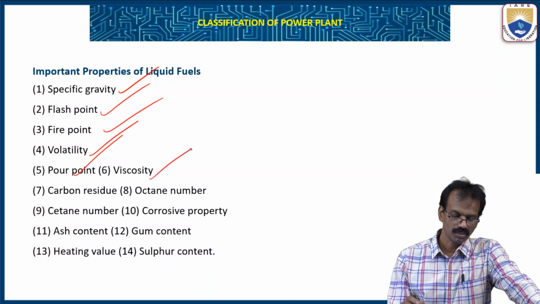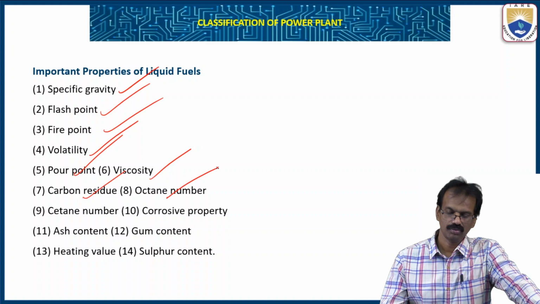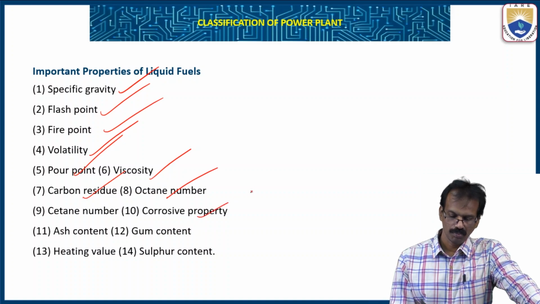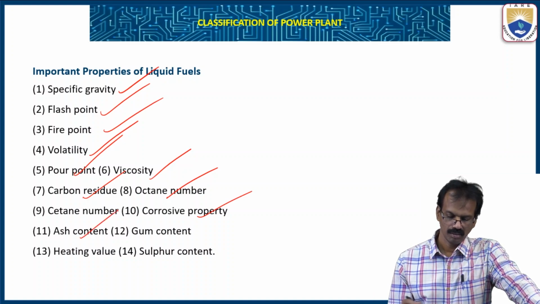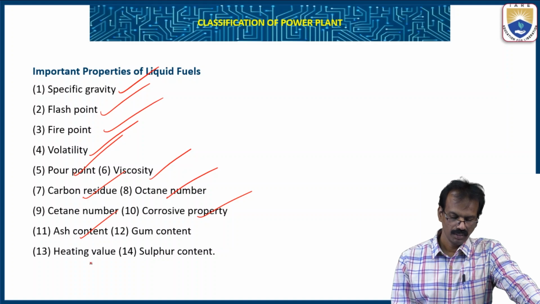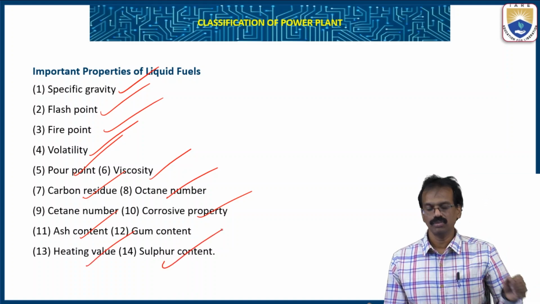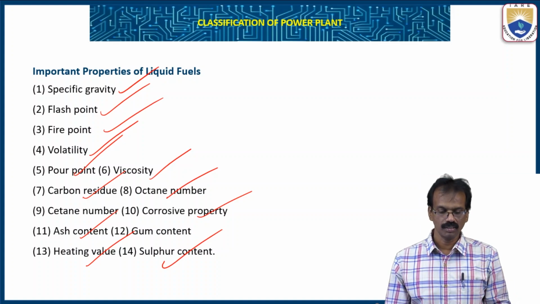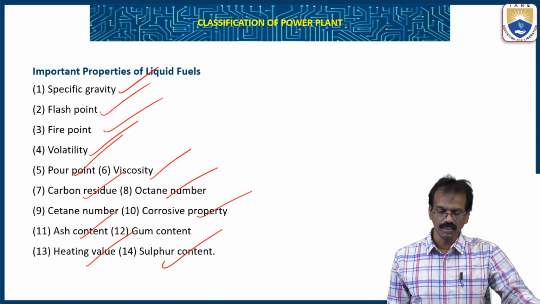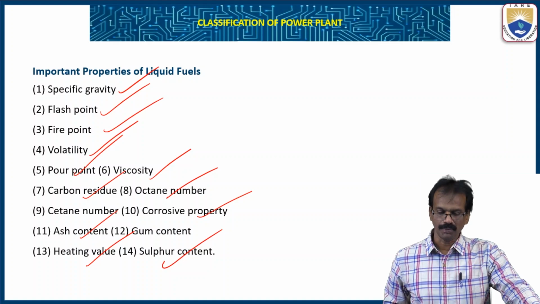It has good viscosity, and carbon residue and octane number are also very high. Next, corrosive property, ash content is very less, gum content, and heating value are also there. It contains sulfur, but less than 1. So these are the important properties of liquid fuels. You can remember this one.